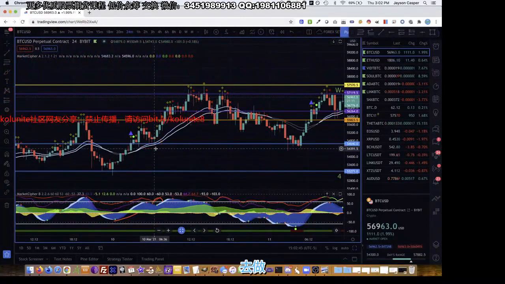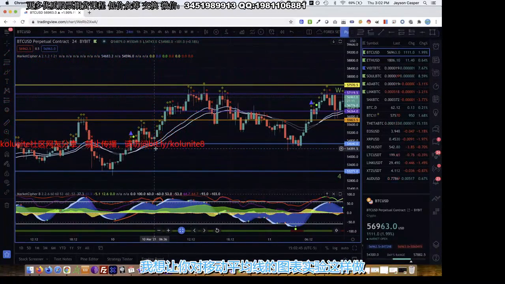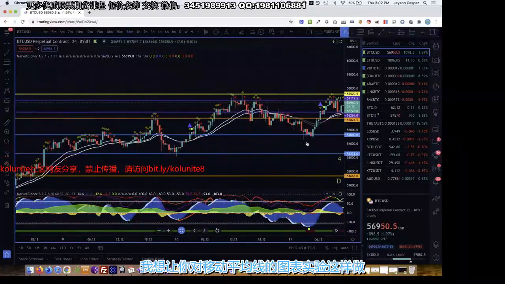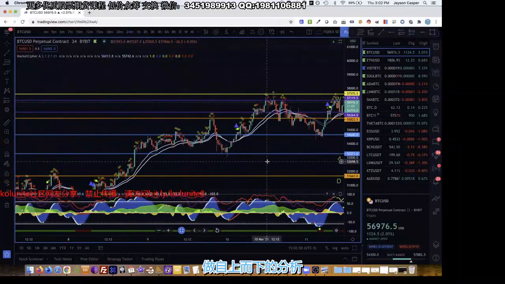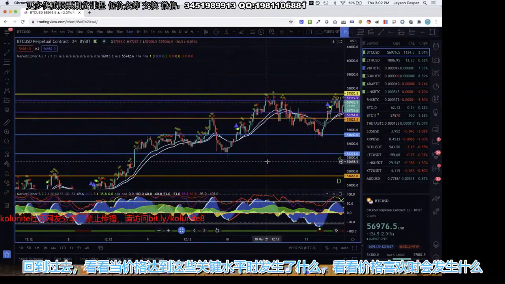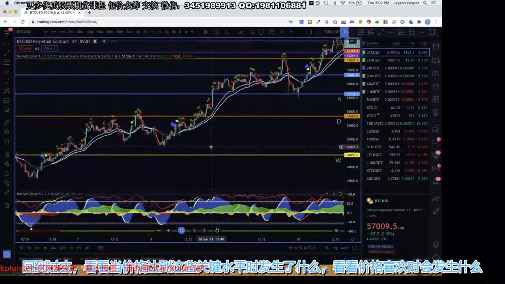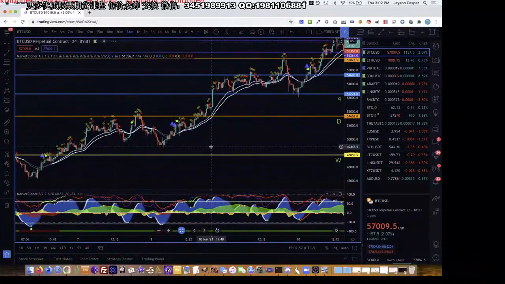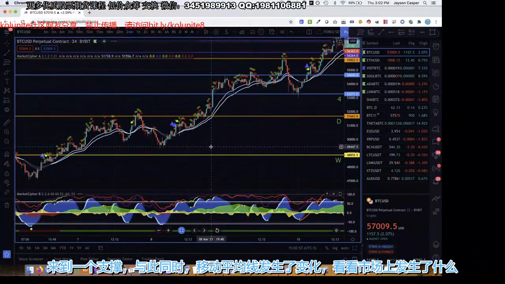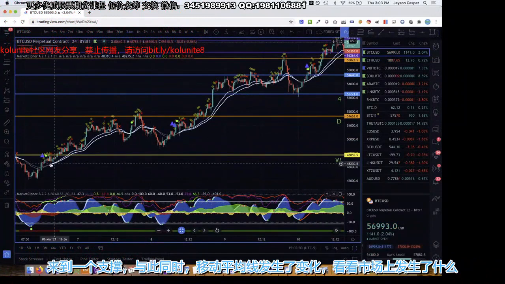So what I want you guys to do is I want you to do this to your charts. Experiment with moving averages, do the top-down analysis, go back in time, and look at what happens when price gets to these key levels. Just look at what happens when price comes to a support, and at the same time there's action happening with the moving averages.